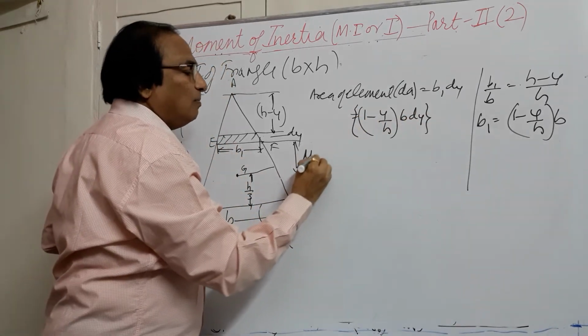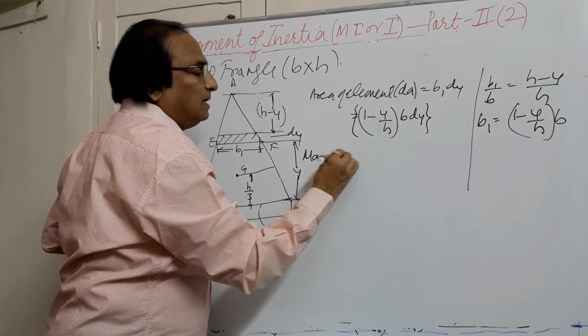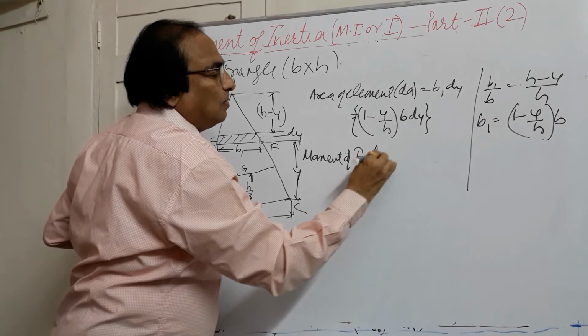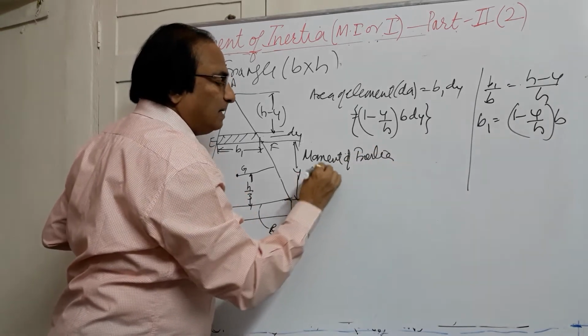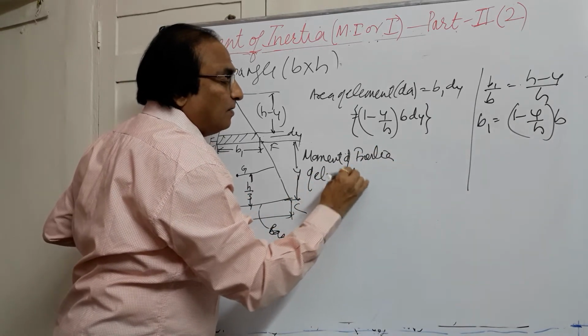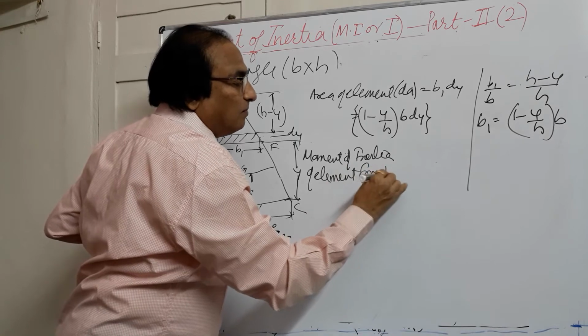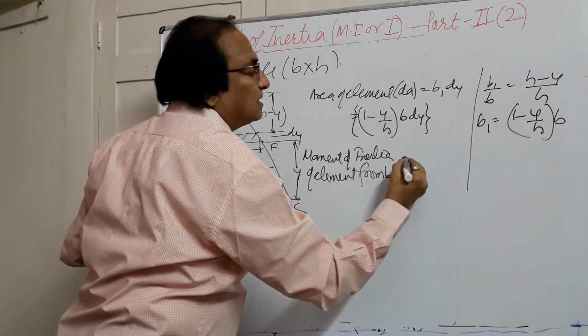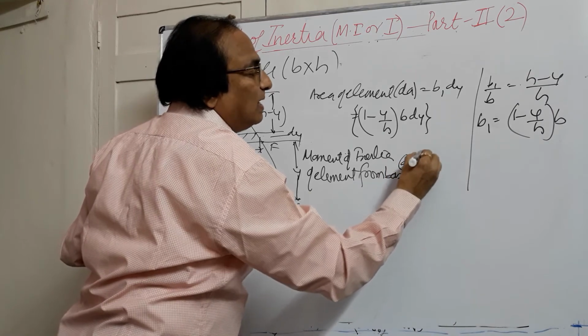Now I want the moment of inertia of the element from base. Why from base? I have taken the distance y from the base. So this is nothing but our formula dA y square.